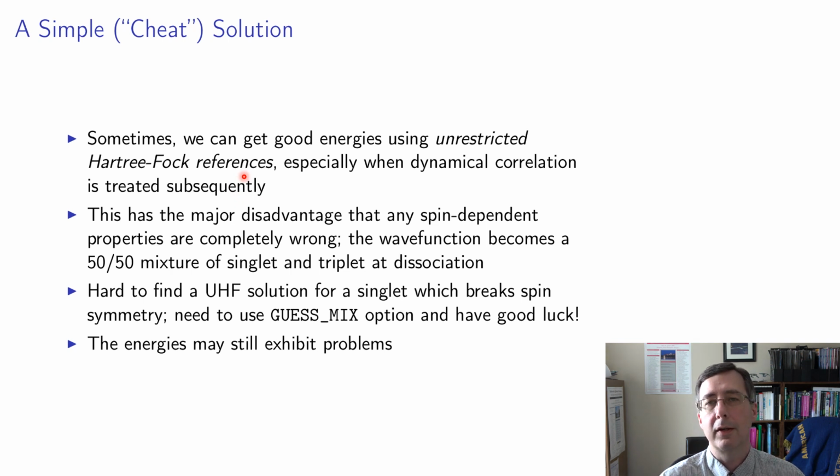And then especially if I do dynamical correlation on top of that with a post-Hartree-Fock method, I can get some decent energies. You have the disadvantage that your spin properties are all garbled up. And at dissociation, you have a 50-50 mixture of singlet and triplet, which is really not correct. But your energies can look okay.